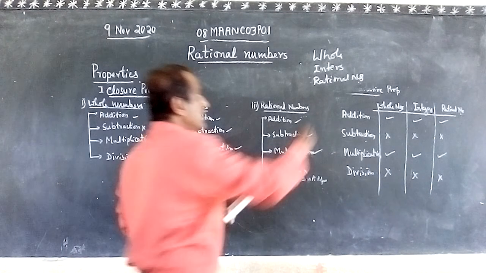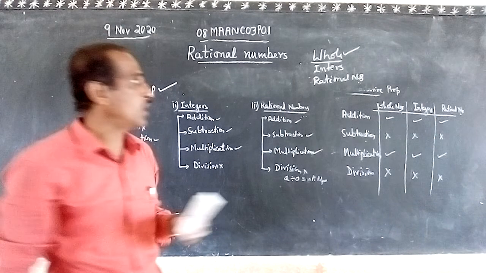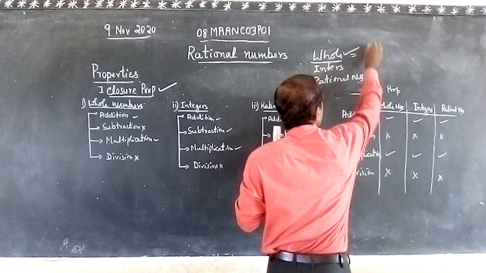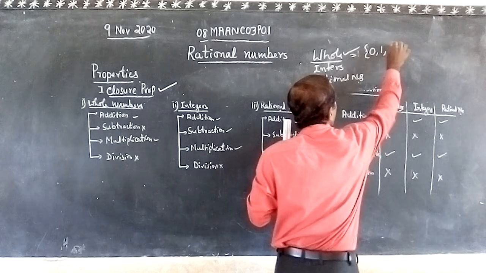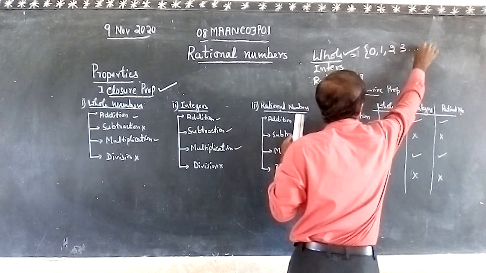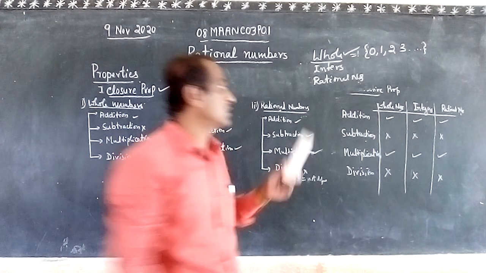Now let us apply that closure property to whole numbers. You know, whole numbers include what? Whole numbers W is equal to 0, 1, 2, 3, 4, 5, 6, 7, 8, like that it continues.